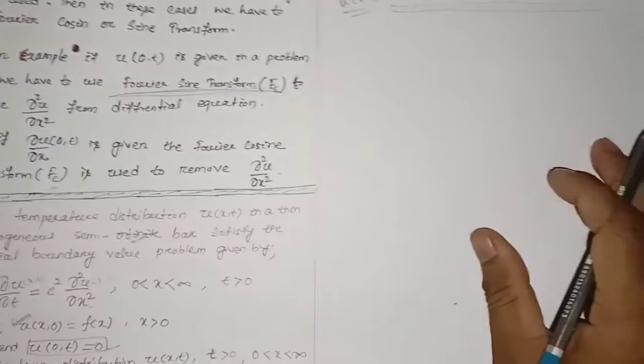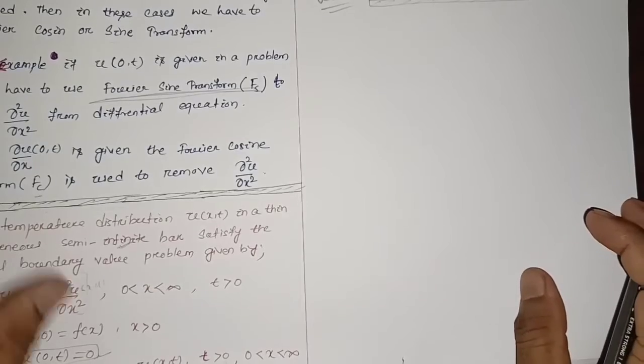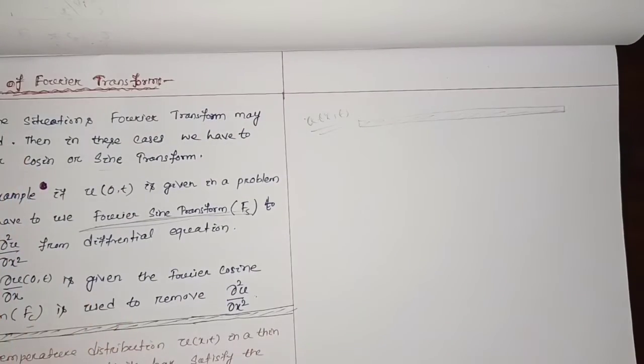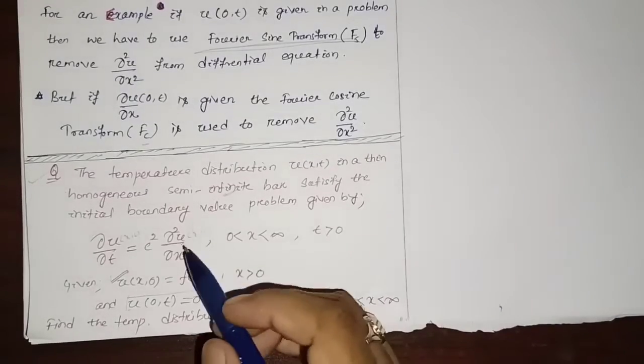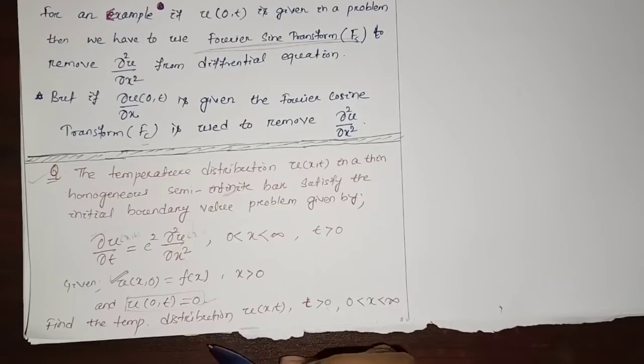Okay, how we are going to solve it, we are going to discuss step by step. So let's start. The given differential equation is this one, and these are the two boundary conditions.